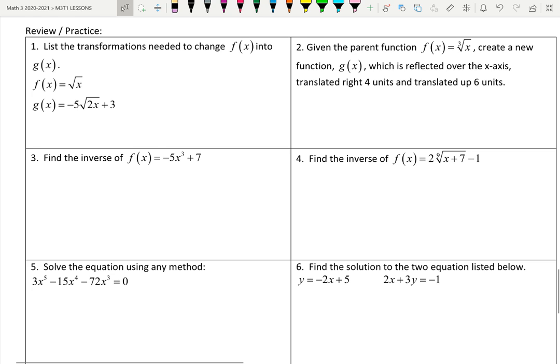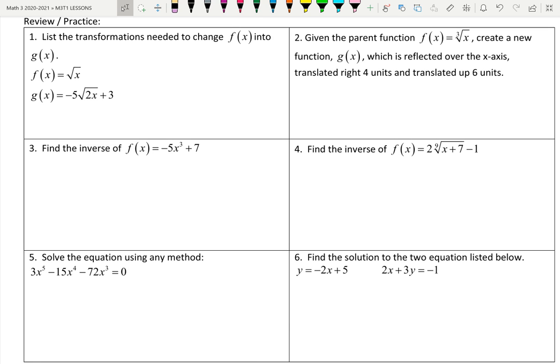All right, some of this review: list the transformations needed to change f of x into g of x. I look to see what's been changed, and I notice that there's a number being multiplied. I also know there's a number being added, and I know that there's a number in front. So what the heck is happening?